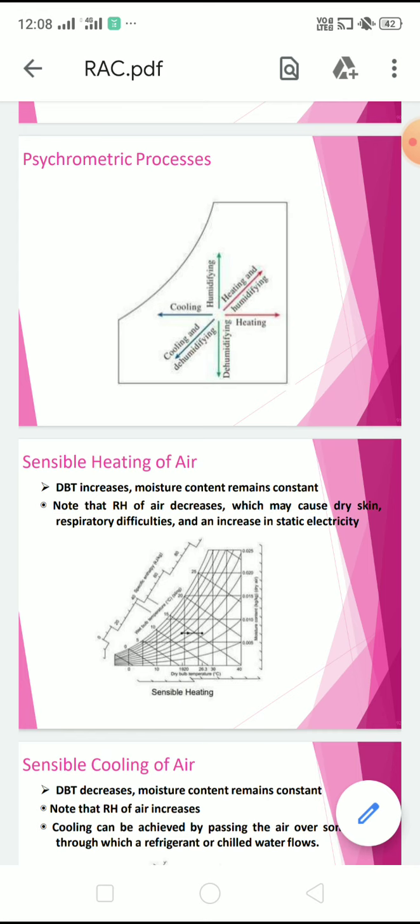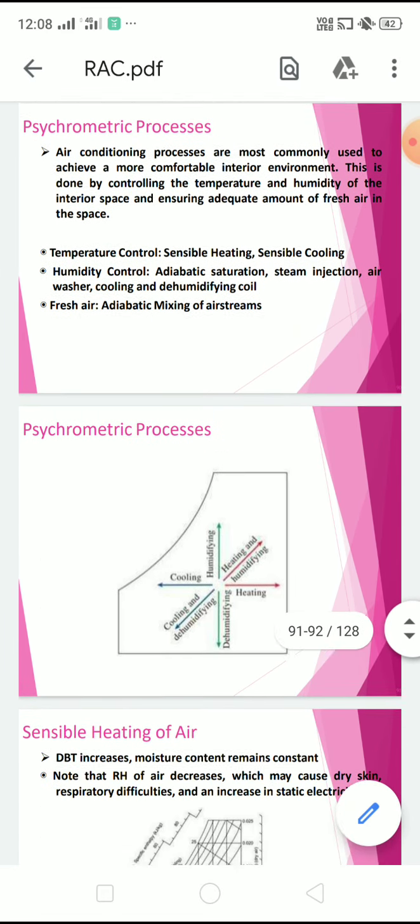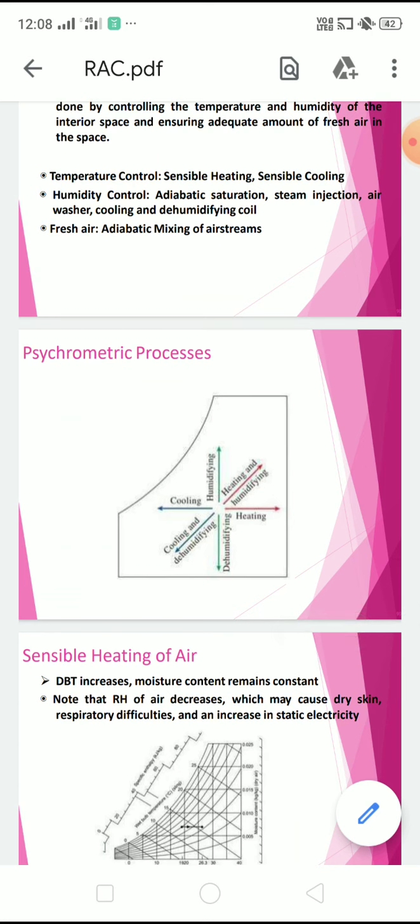It all goes according to the temperature and humidity that is available. Towards right bottom it is heating and dehumidifying. And in the second quadrant, if we take a line increasing in the upward direction, that will increase the humidity, meaning cooling and humidifying, just vice versa.